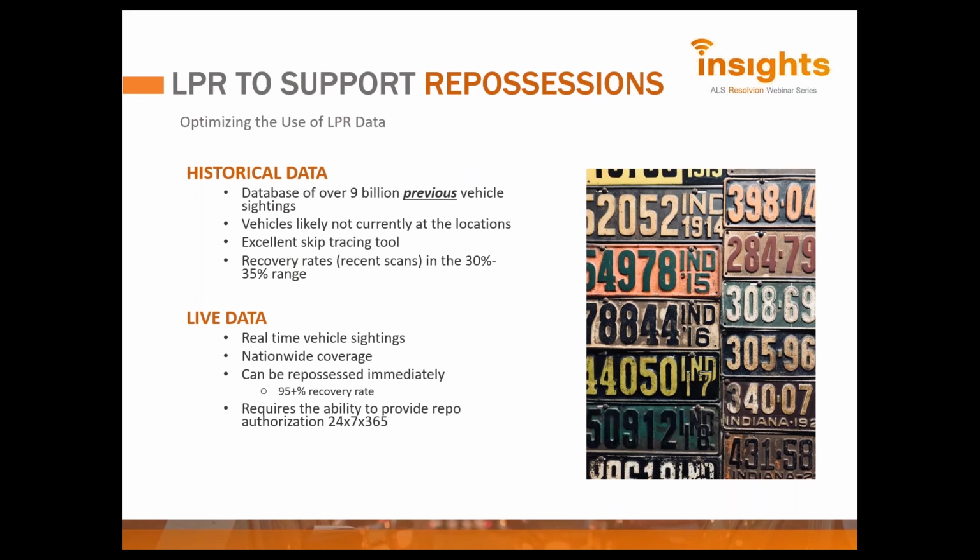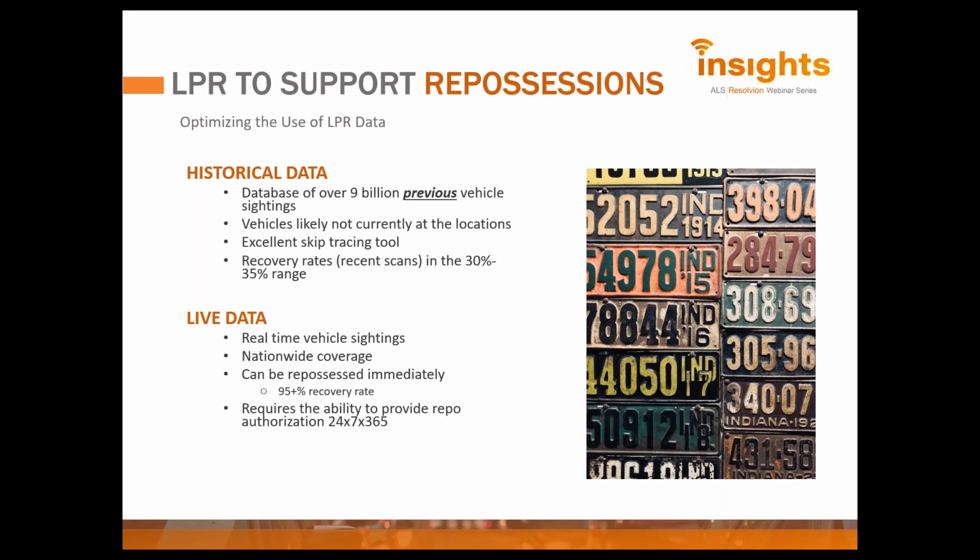When you're using historical data to recover a vehicle, you've gotten a notification that the car has been seen. It could have been very recently, it could have been not so recently. You dispatch an agent out to that location to try and recover the car, and in that scenario, the recovery rates are only in that 30 to 35% range.